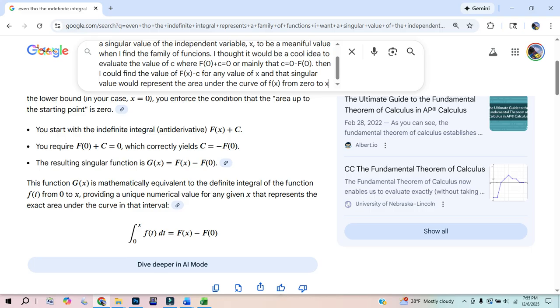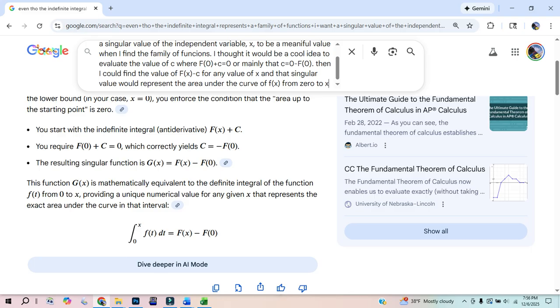Once I do this, I'm going to get a function with the x value here. This is just going to be a singular value. And then I would have an equation that represents the change. This is just the integral evaluated at x, and then the integral evaluated at 0.